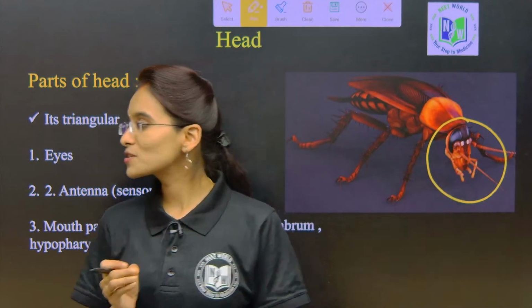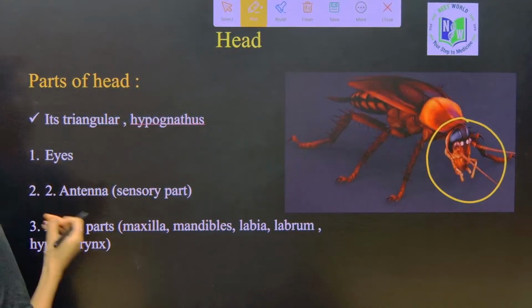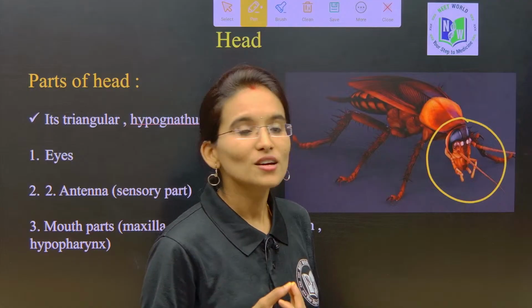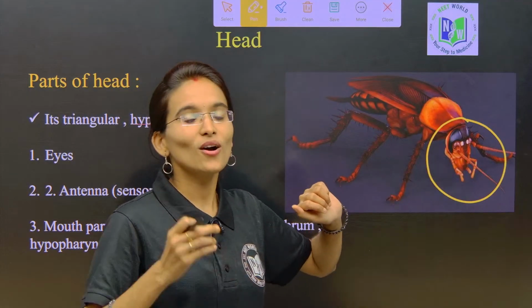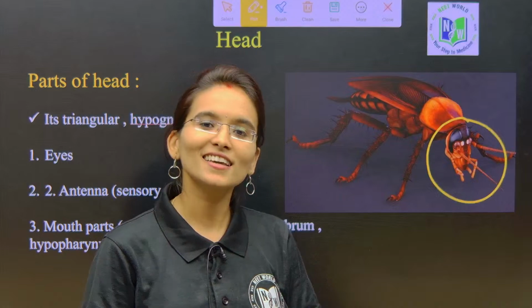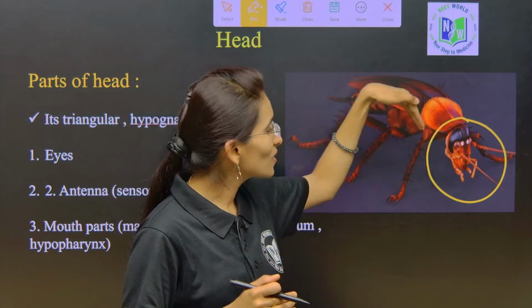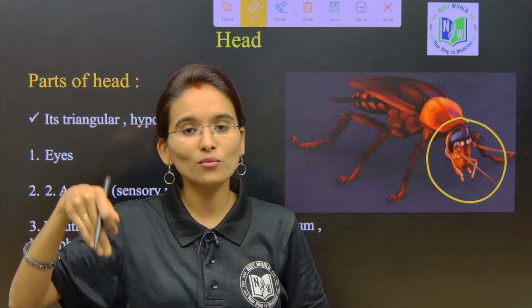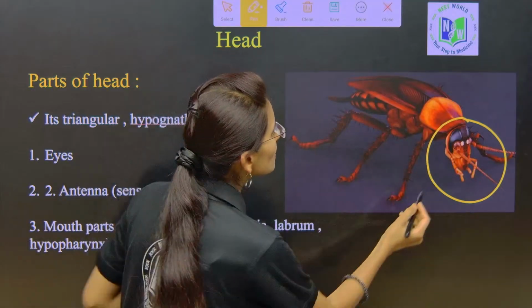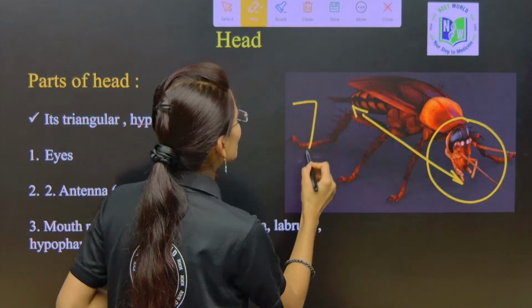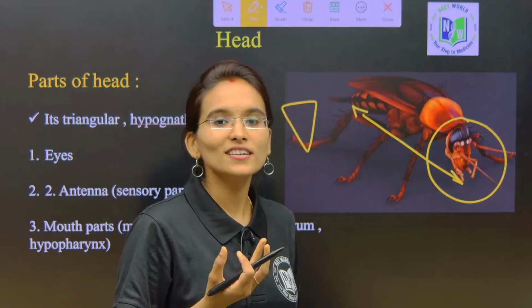When it comes to the head, we call the head of Periplaneta hypognathous because it always hangs downwards. The head of the cockroach is placed downwards and almost lies perpendicular to the abdomen, and it is triangular in nature.